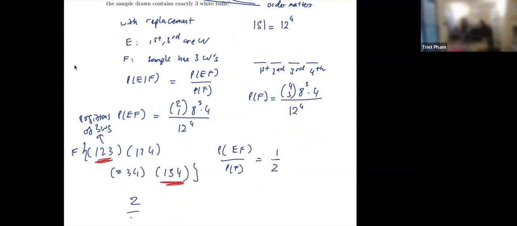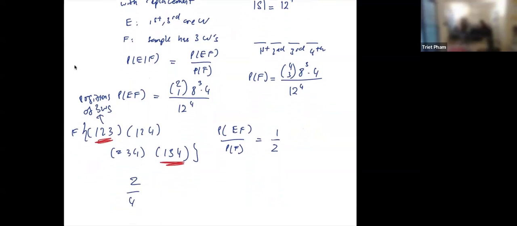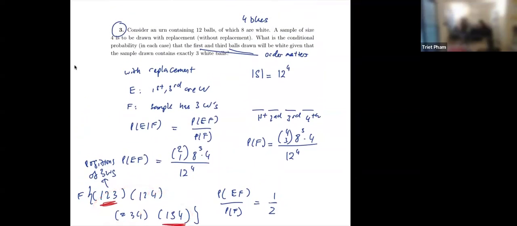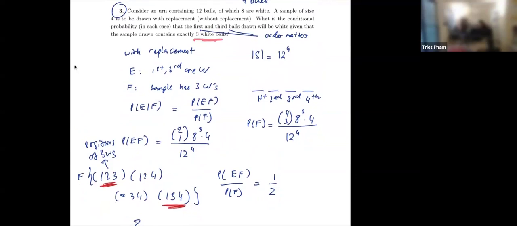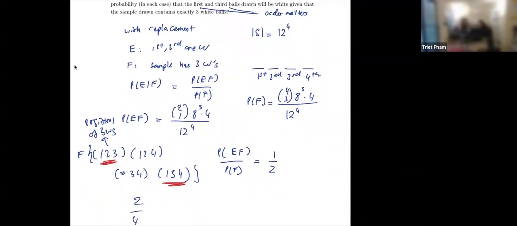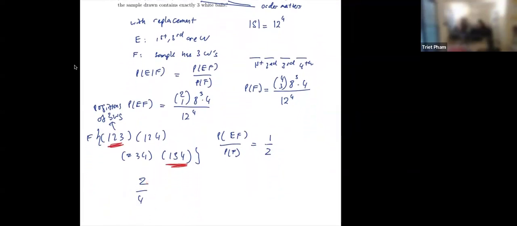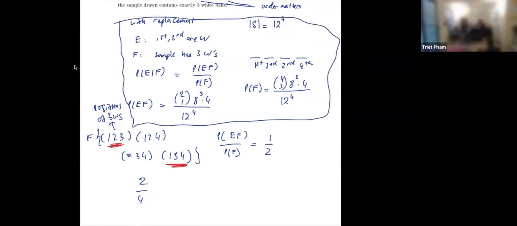So this is conditional thinking. It requires you to recognize that these 4 positions where the 3 whites happen are equally likely. That's why it's 2 over 4. But like I said, this is just illuminating this answer. The orthodox way that must be followed in this class is this way. All right, any question?